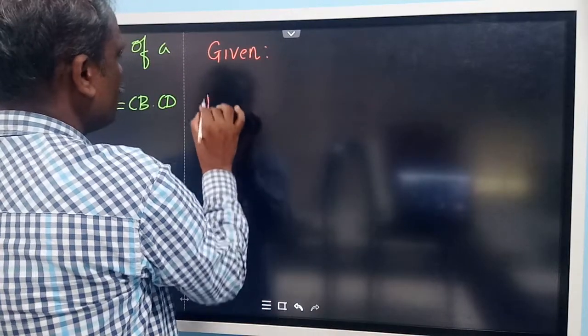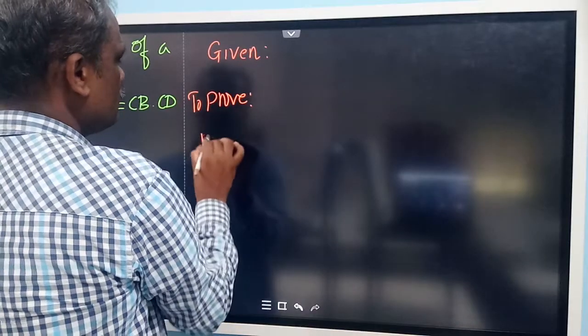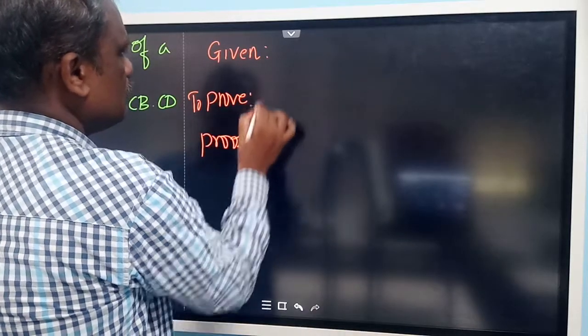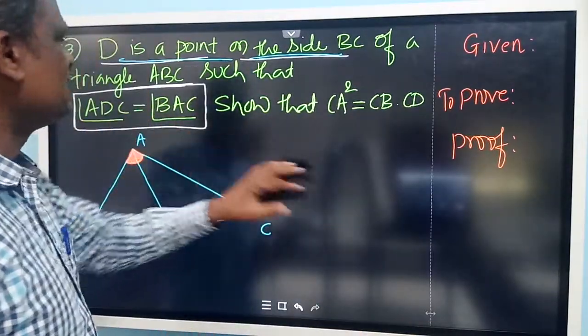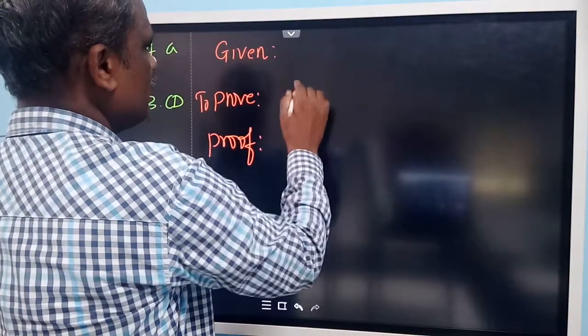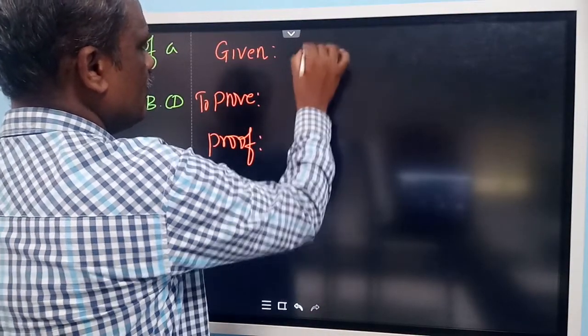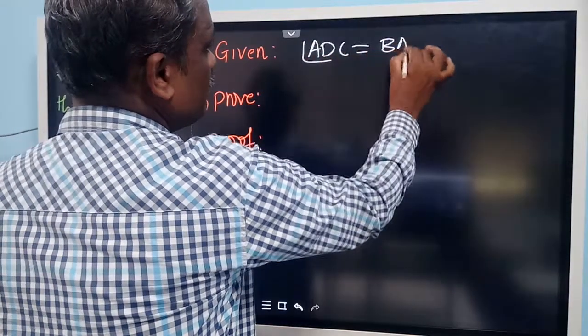So given, and what you have to prove. Given angle ADC is equal to angle BAC.